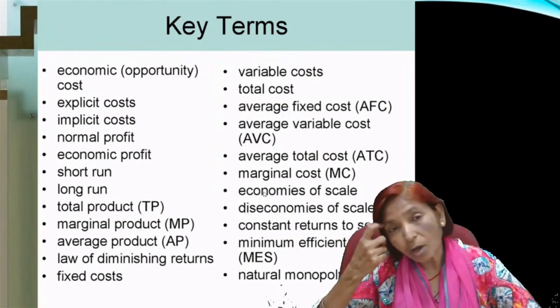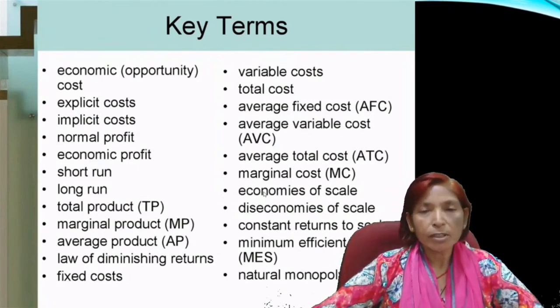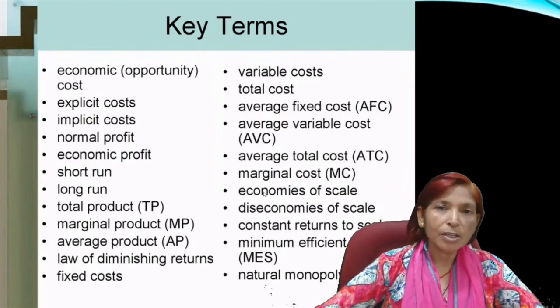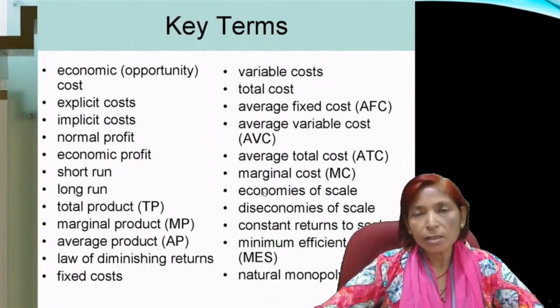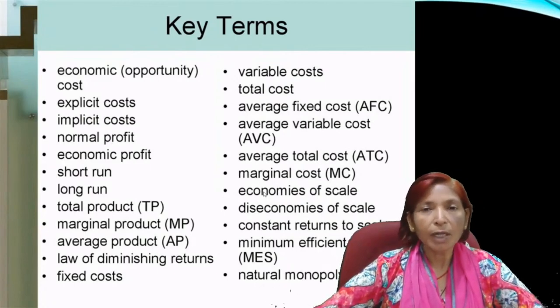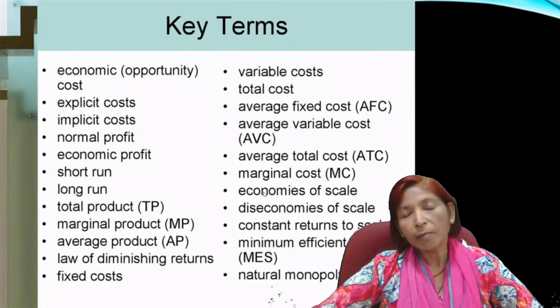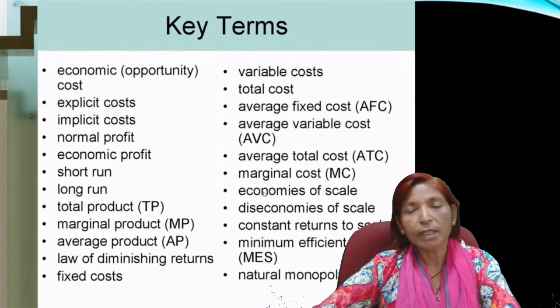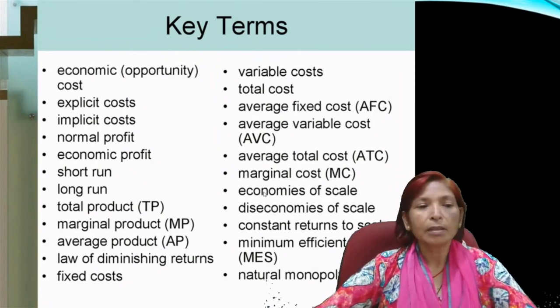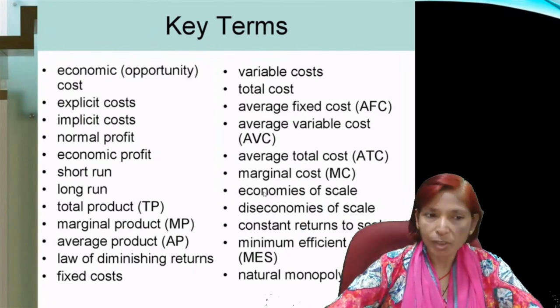Now the next term is normal profit. Normal profit is no profit, no loss, when average revenue and average cost are both equal. That is the situation of normal profit. If the firm is getting the same amount which the firm is using in the production of goods and services, that is called normal profit, a no profit, no loss situation.